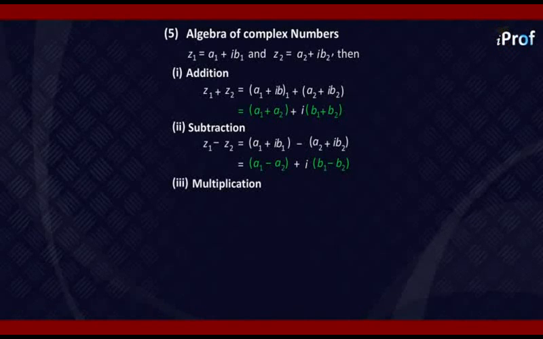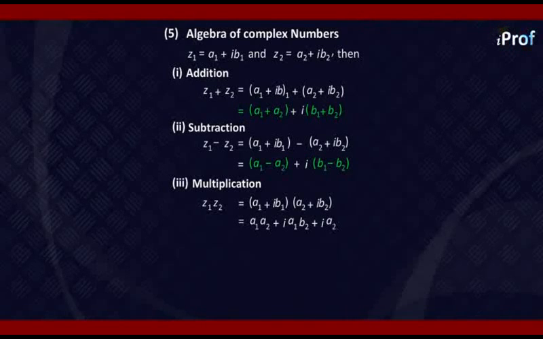To find the multiplication of Z1 and Z2, we simply multiply them. Z1 into Z2 becomes A1 plus iota B1 into A2 plus iota B2. We multiply, we get A1 A2 plus iota times A1 B2 plus iota times A2 B1 plus iota square times B1 B2.